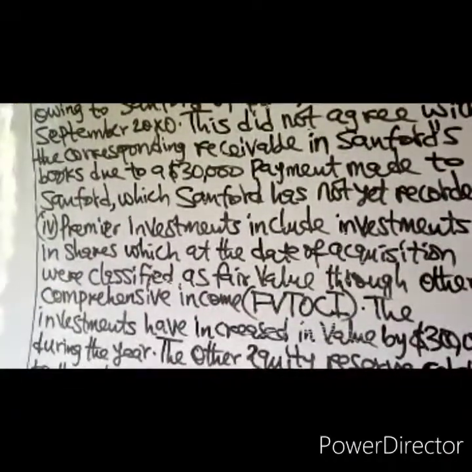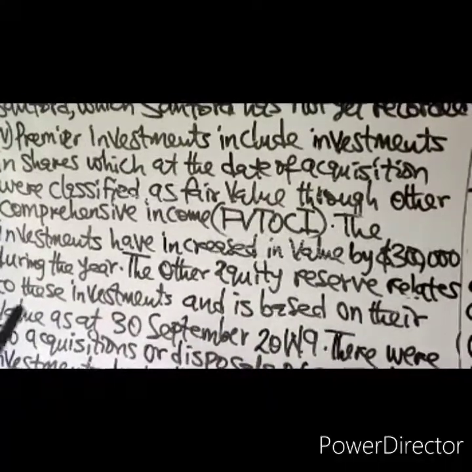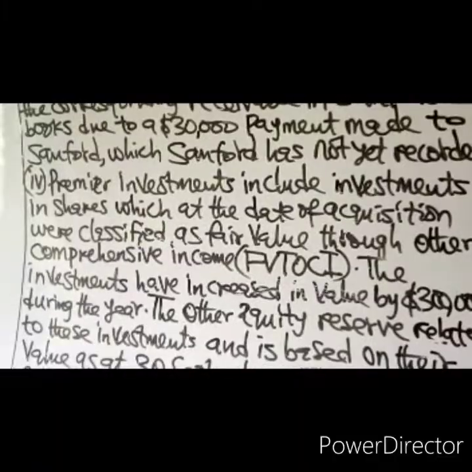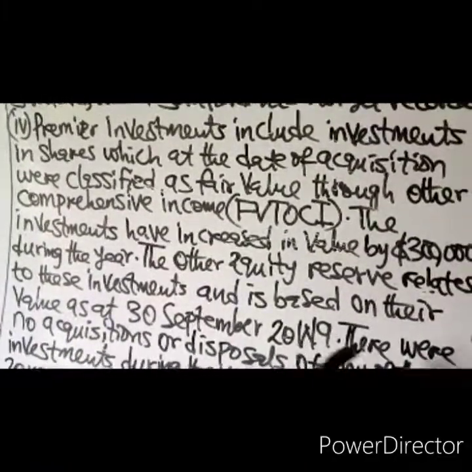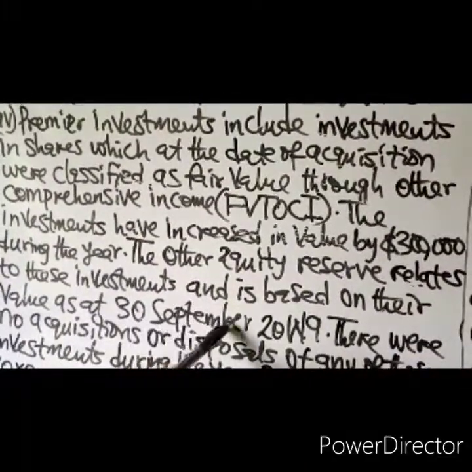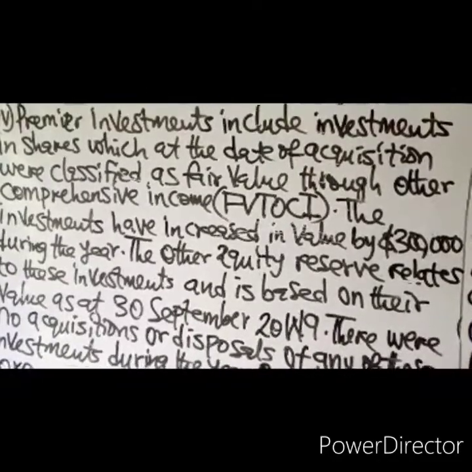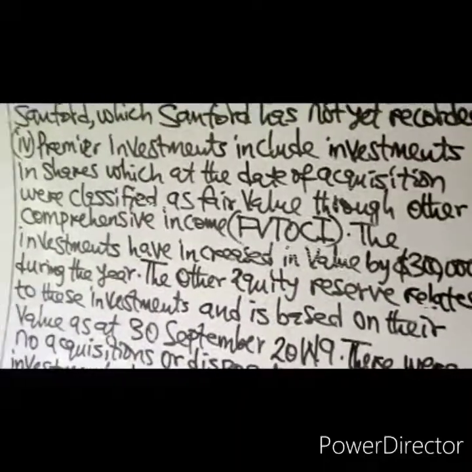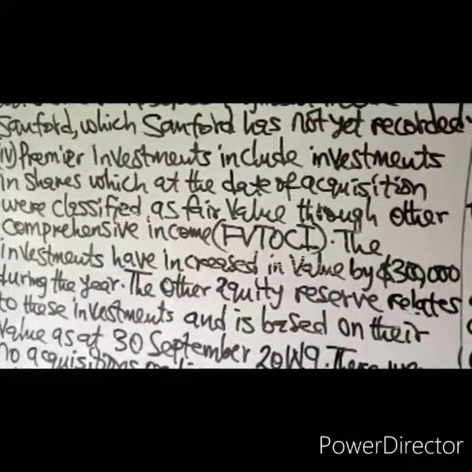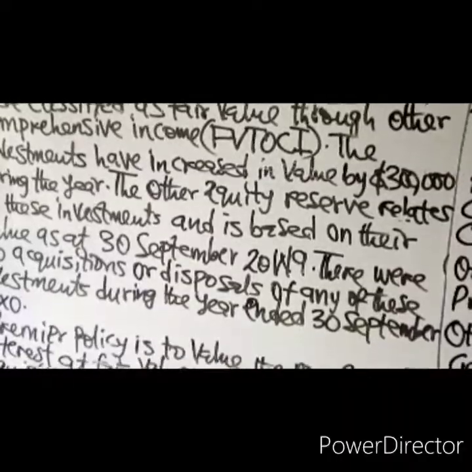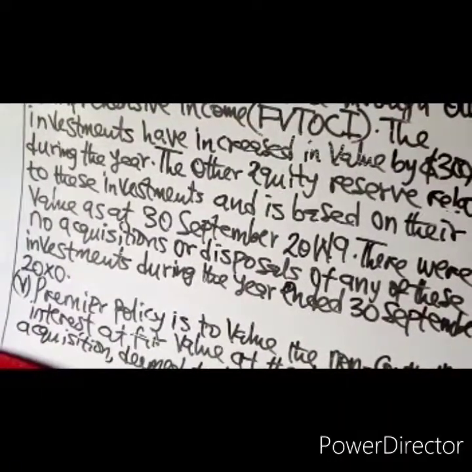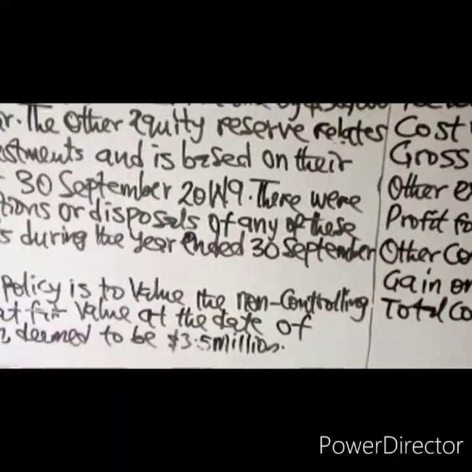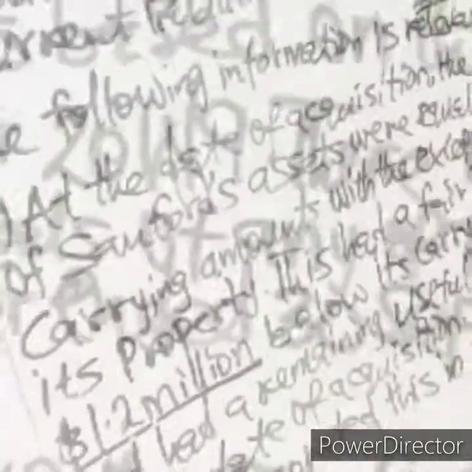The other equity reserves relate to this investment and are based on the value as at 30 September 2019, so that will affect the other comprehensive income. This note 5 is also the parent company policy as to the valuation of NCI, so it doesn't have anything to do with the statement of profit or loss yet.